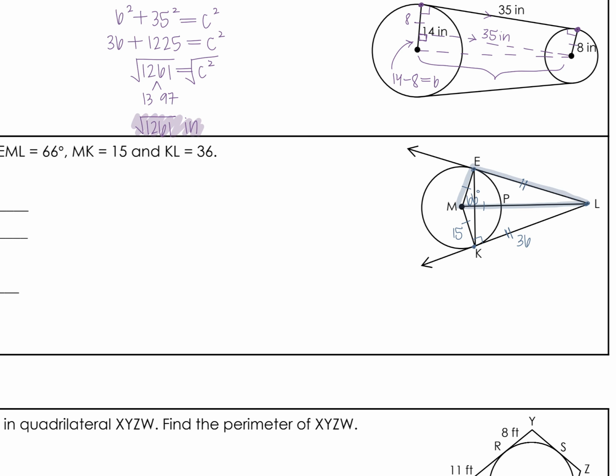In that right triangle, we know that we have that right angle at 90 degrees, that's 66. And so I can subtract those two from 180, and I'm going to be left with 24 degrees for that angle.